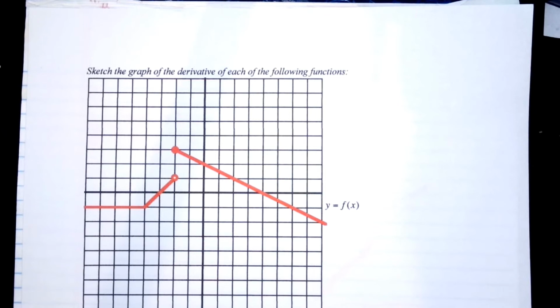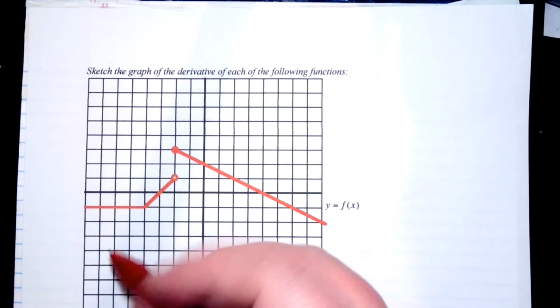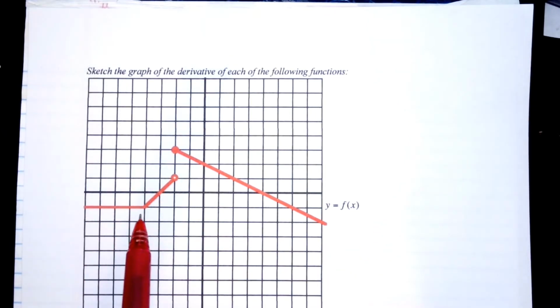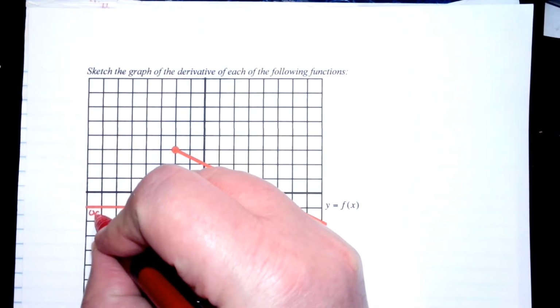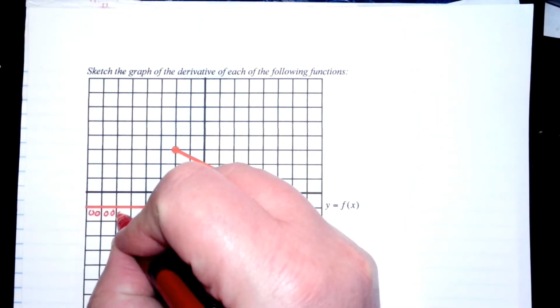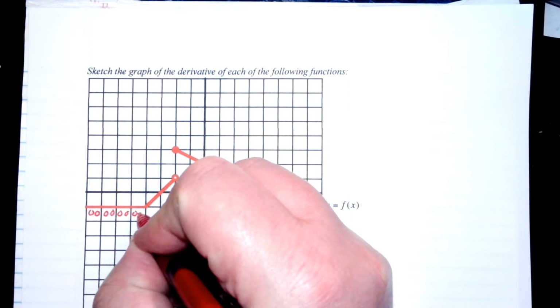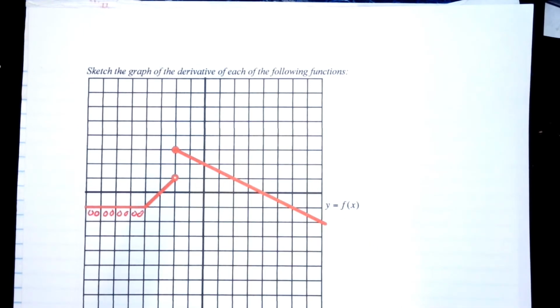Well, part of it I think is fairly simple. You've got a horizontal line right here, and the slope of a horizontal line is 0. So the slope of the line all the way through here is 0, right? Now, we're fortunate in that all the parts of this graph are made up of just lines.